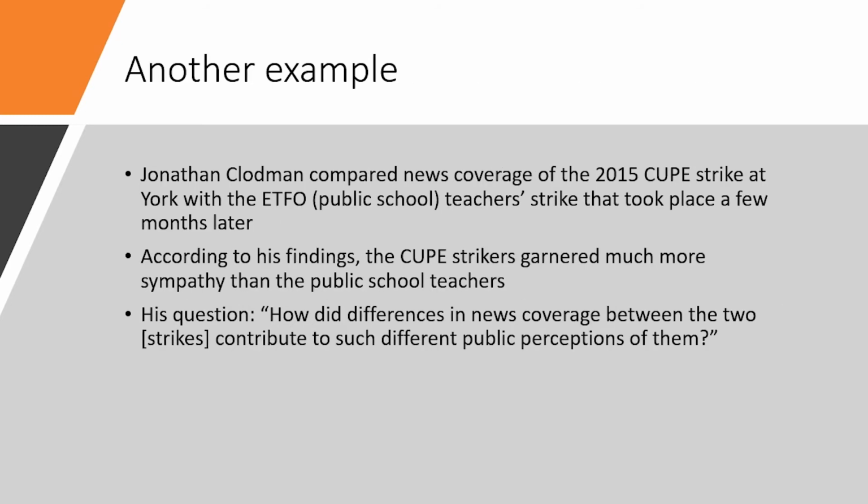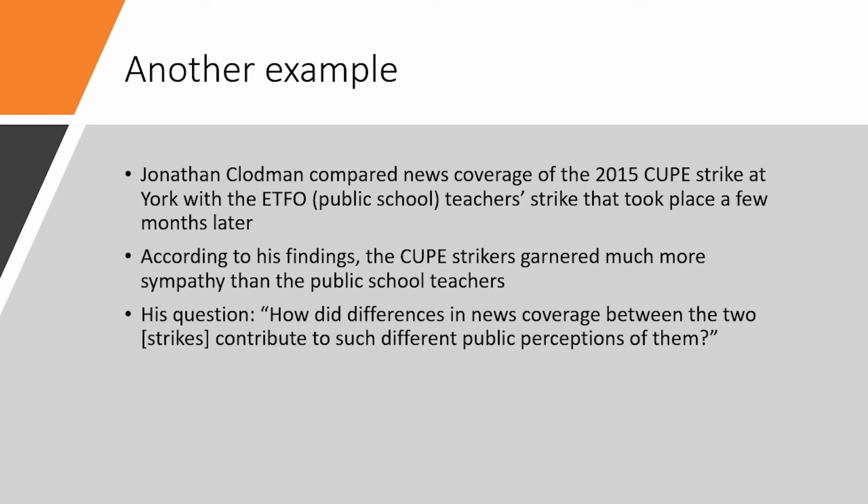Let's look at one more example, this time from student Jonathan Klodman's award-winning paper, used for educational purposes with Jonathan's permission. Jonathan compared news coverage of the 2015 CUPE strike at York with news coverage of the public school teachers' strike in Ontario, which took place 2 months later.